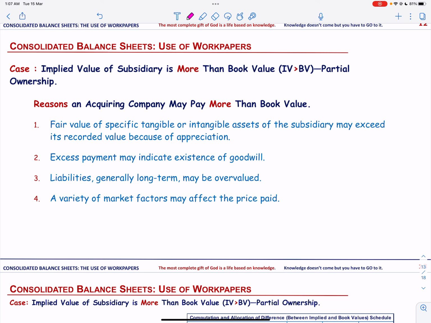Excess payment may indicate existence of goodwill. Liabilities, generally long-term, may be overvalued. There may be a variety of market factors that may affect the price paid. Let us look into an example when implied value of the subsidiary is more than the book value.